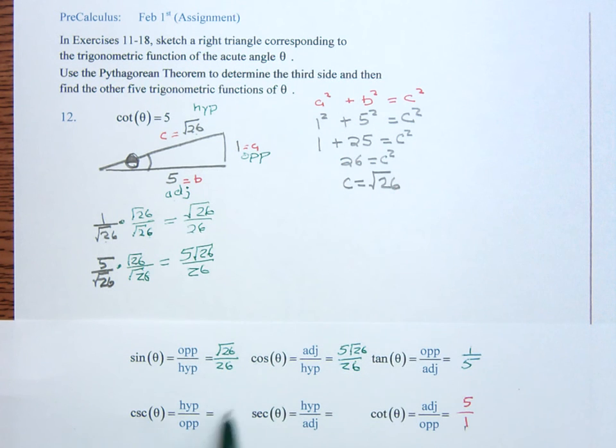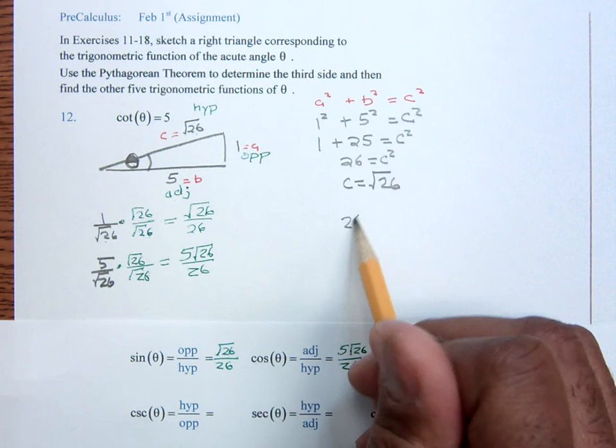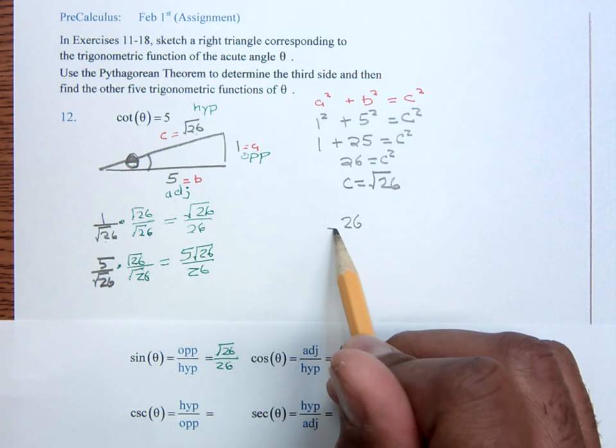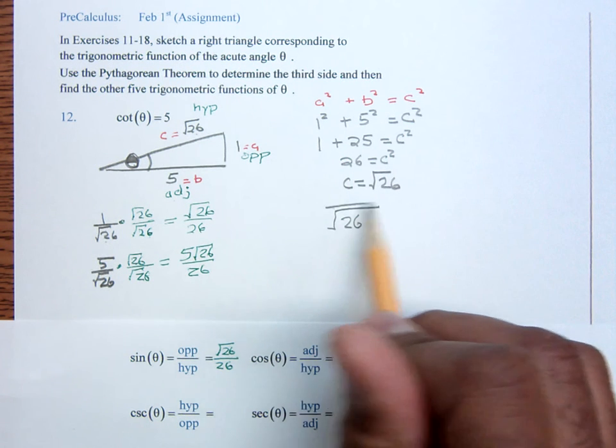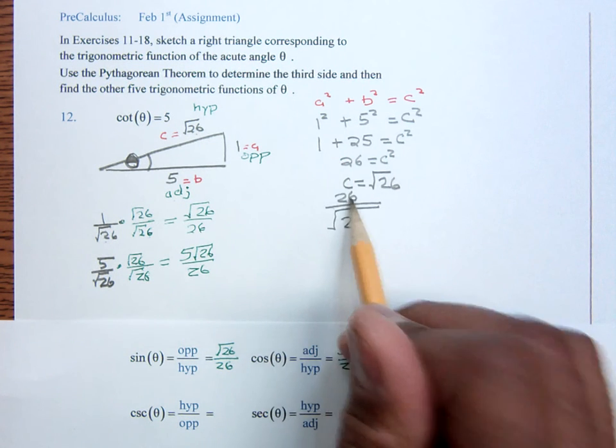And for these last two, all we're going to do is reverse these. This will give us 26 over radical 26. We actually have the answer already written, but I'm going to go ahead and simplify it. If we reverse these, we get 26 over radical 26. I ran out of room there.